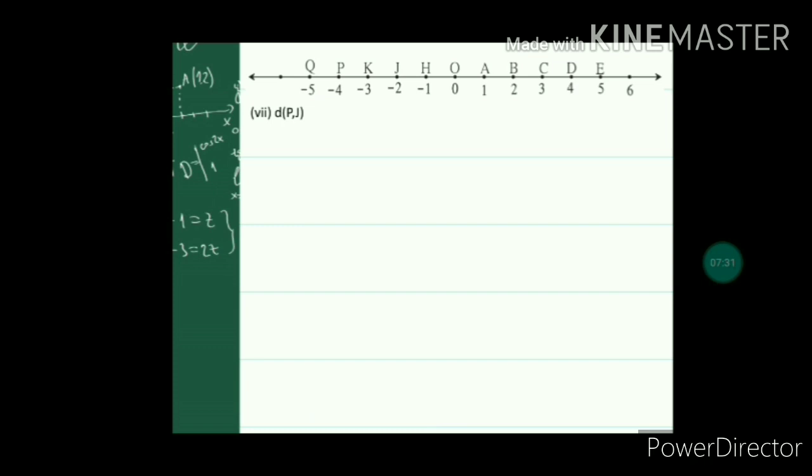Another example, find distance of PJ. Here coordinate of P is -4 and coordinate of J is -2. Therefore -2 is greater than -4, or P is less than J. Therefore distance of PJ is equal to coordinate of J minus coordinate of P. Coordinate of J is -2, coordinate of P is -4.